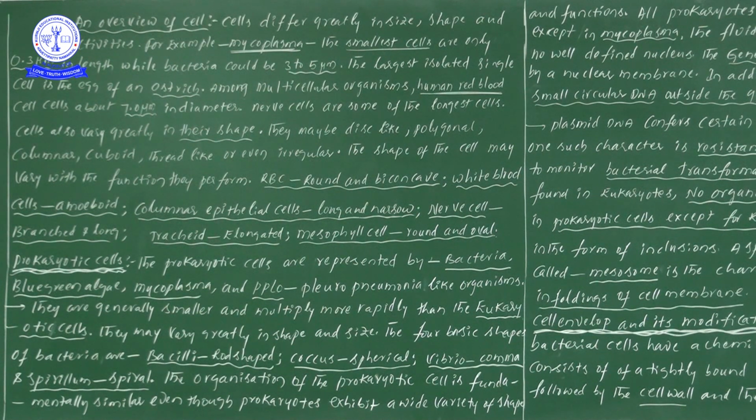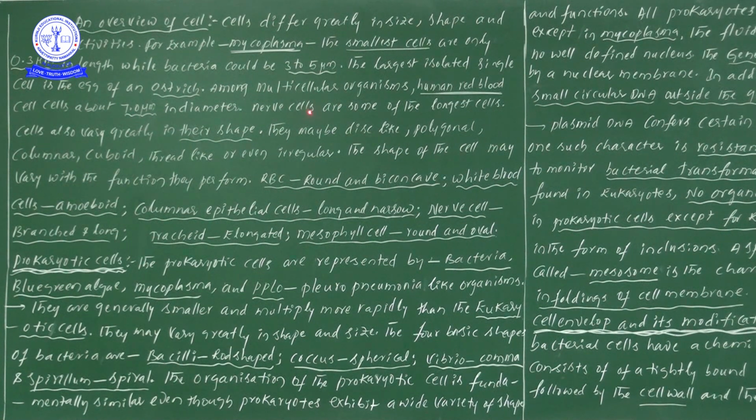Let us move back once: mycoplasma 0.3 micrometer in length, bacteria 3 to 5 micrometer, the ostrich egg the largest isolated single cell, and among multicellular organisms, human red blood cells are 7.0 micrometer in diameter. This is important, save it well.